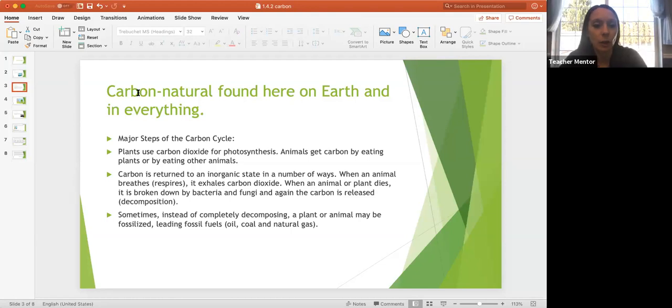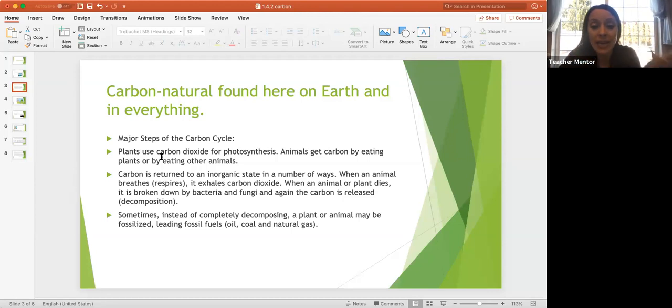Carbon is a natural material. It's an element, so it's the purest form. Carbon can't be broken down into anything else. But carbon can combine with oxygen to make carbon dioxide. So plants use carbon dioxide for photosynthesis, to make their own food.